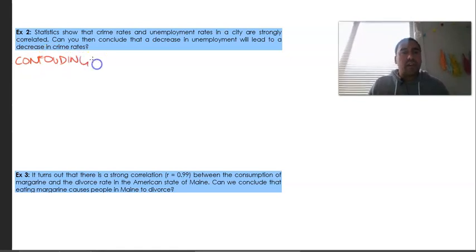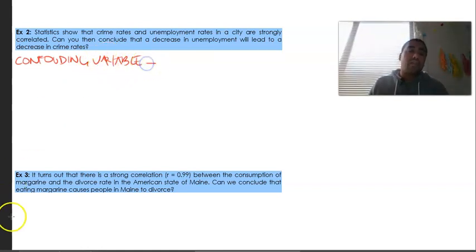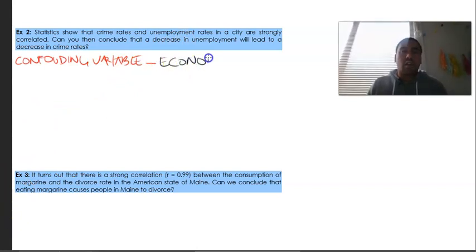The thing that may be linked, but we're not too sure yet, is a confounding variable, and this is just the economy of the city itself. Because there could be a decrease in unemployment, which will lead to a decrease in crime rates. But it's not just that. There could be other things that could affect that as well.